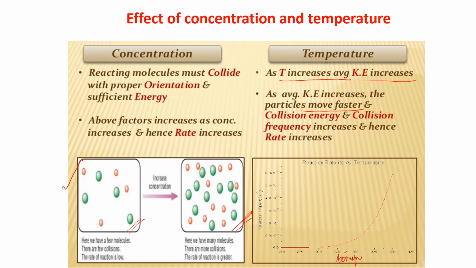Now what is happening as we increase the temperature? You can see from this graph, as we are increasing the temperature, the reaction rate is also increasing. Am I clear to you?